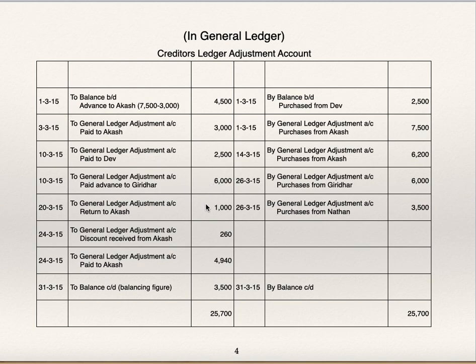Then if you see 1,000 debit, 260 debit, 4,940 debit, if you add this, you will get 6,200. 6,000 advance, against that purchases are made. So this is also set off. Purchases 3,500, only this remained as balance.